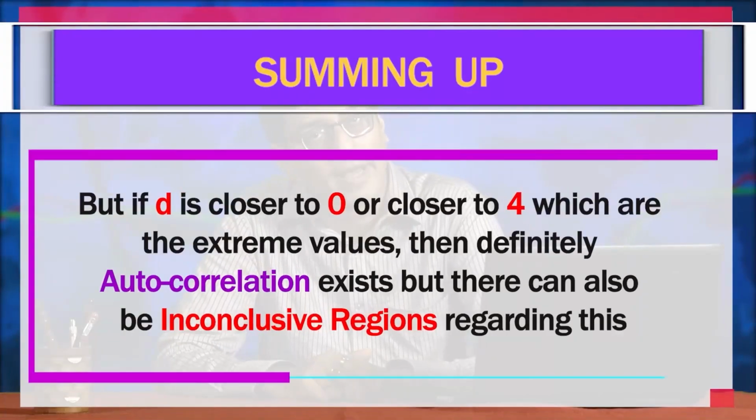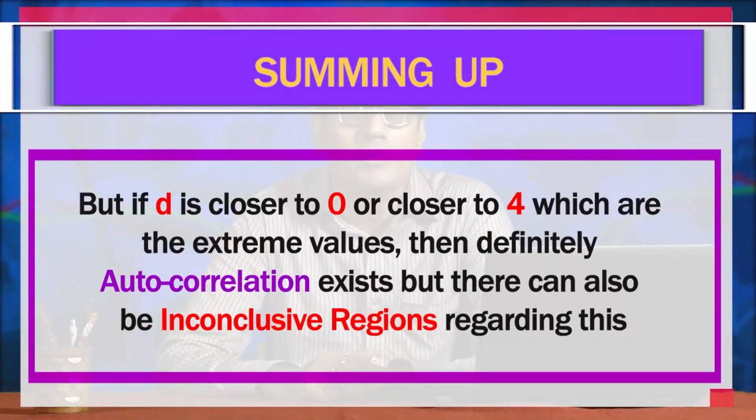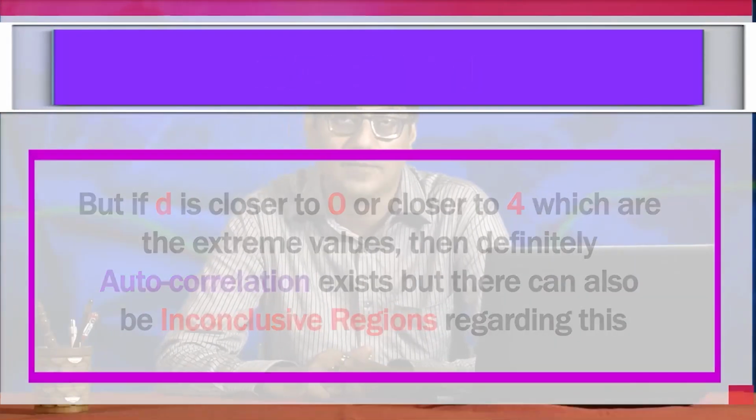So if we get any value near 2, then we can say that the null hypothesis of no autocorrelation can be accepted. But if d is closer to 0 or closer to 4, which are the extreme values, then definitely autocorrelation exists. But there can also be inconclusive regions regarding this.